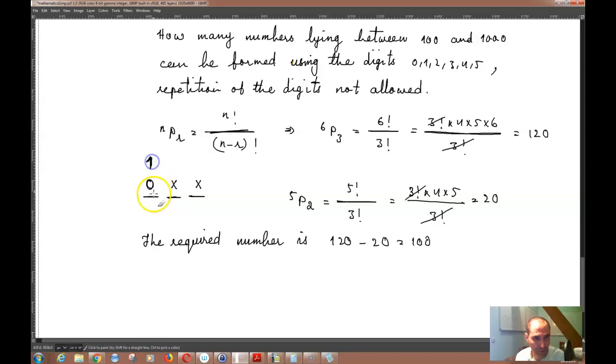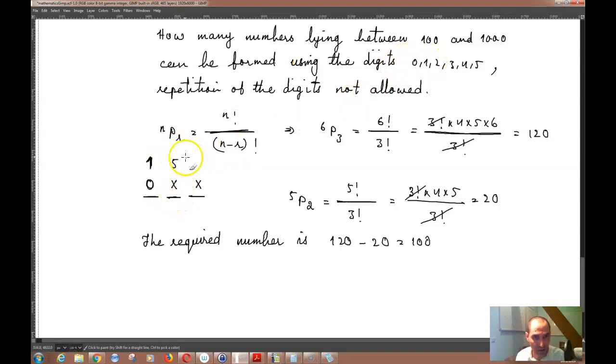There is only one way of doing that. And then you have all of the remaining digits except for 0, which means that you could use 5 digits here, meaning that there are 5 ways of filling this placeholder.